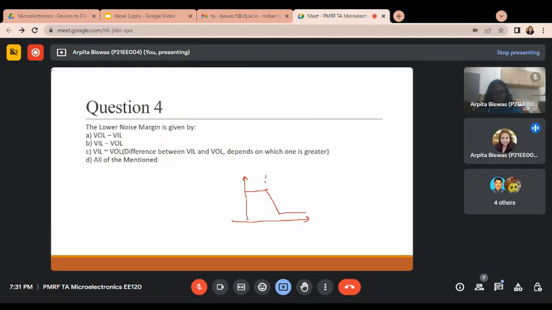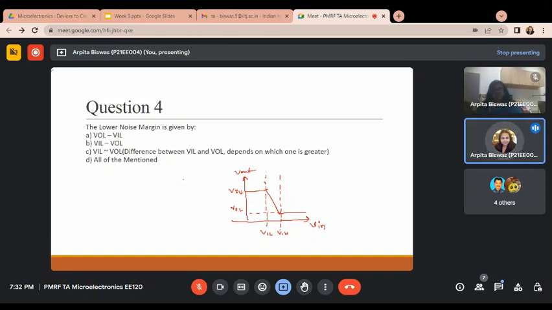From this graph now, can you tell me which one is the noise margin high and which one is the noise margin low? V output is high, rightmost VIH, leftmost VIL, VOH, VOL. V input low, V input high, VOL. V input high, and this side V output.